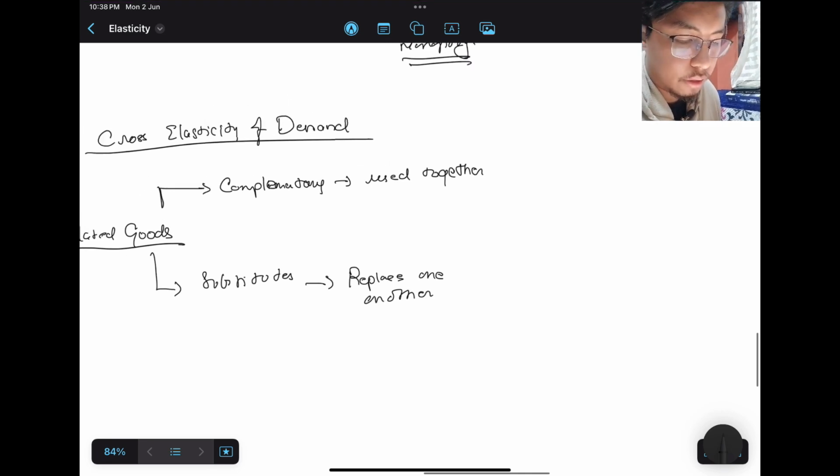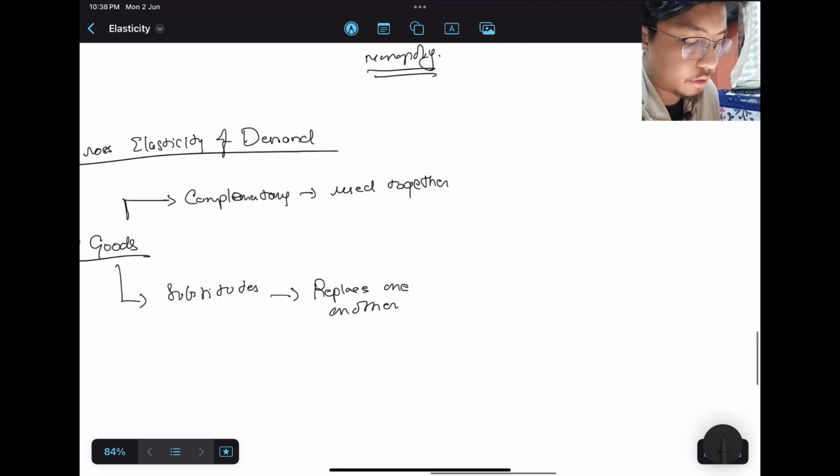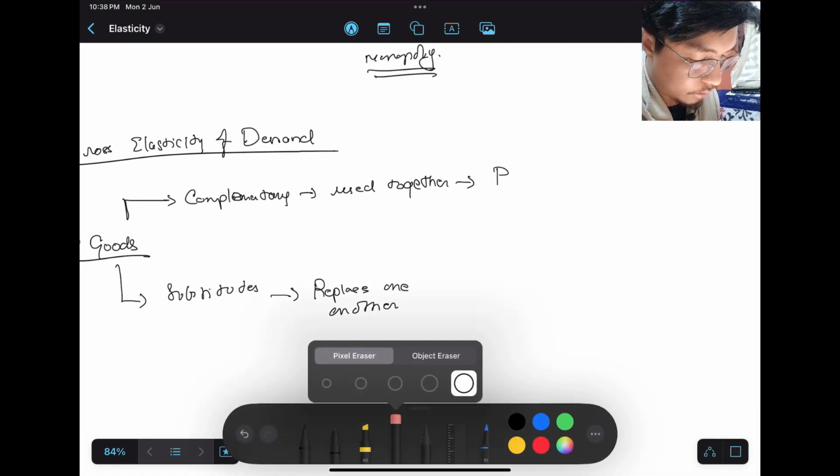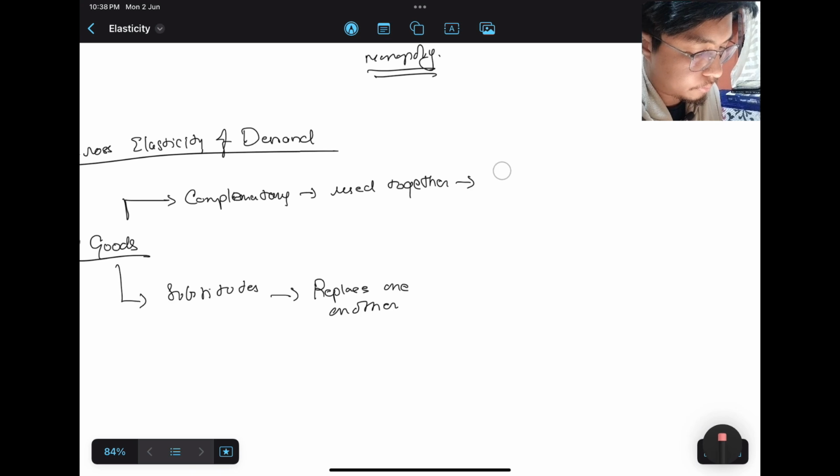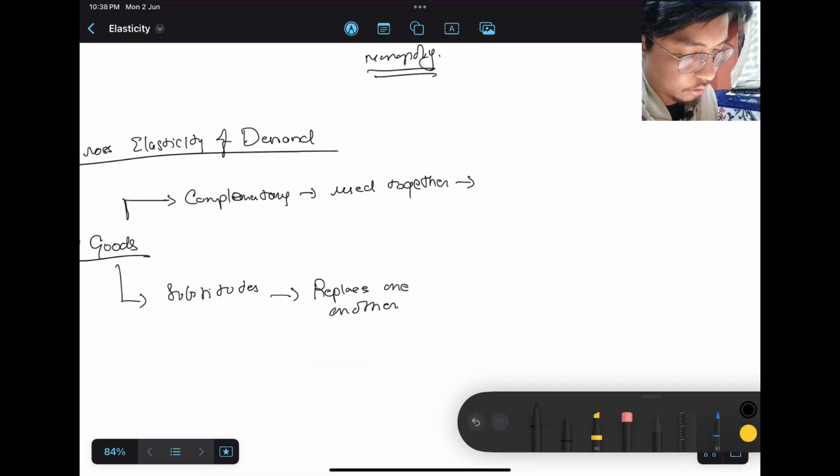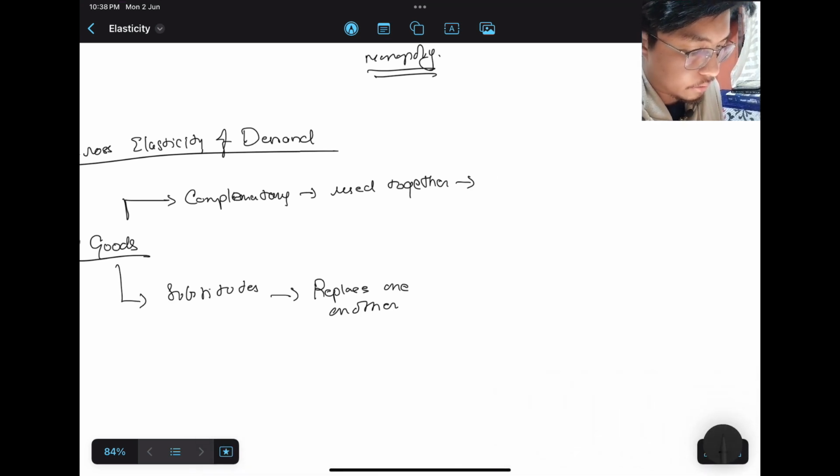Now here, what did we see? Let's just say the prices of y. If x and y are complements, and the prices of y increase, then what happens to your quantity demanded of x?